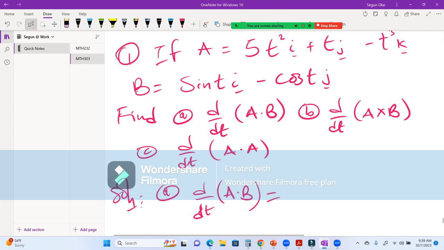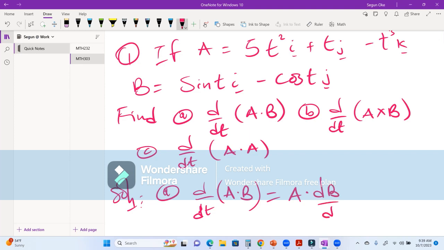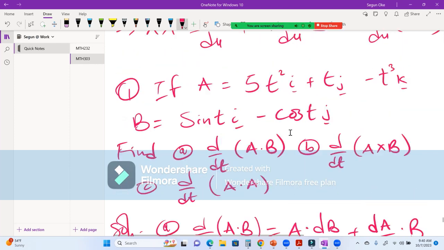Who can remind us? Keep one and differentiate the other. Yes, thank you: A dot dB/dt plus dA/dt dot B. That is exactly what the question is talking about.